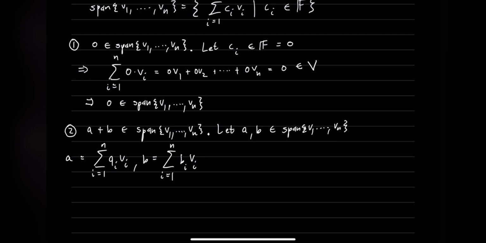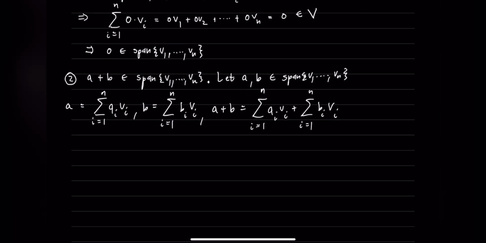So if we add these two together, A plus B is the sum from 1 to n of Ai Vi plus the sum from 1 to n of Bi Vi.